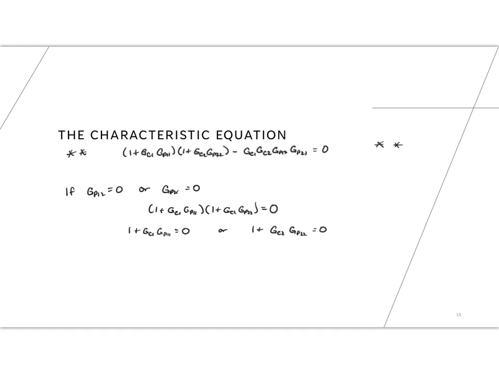In other words, I have decoupled the interactions. U1 affects Y1 and not Y2, and U2 affects Y2 and not Y1. But I need either one of those to be 0 to decouple them. If not, the top equation is our characteristic equation.